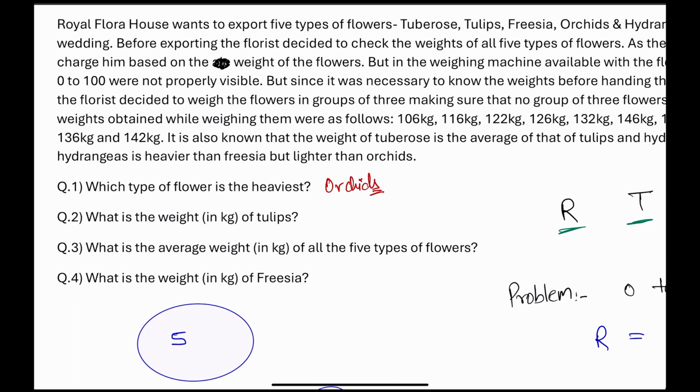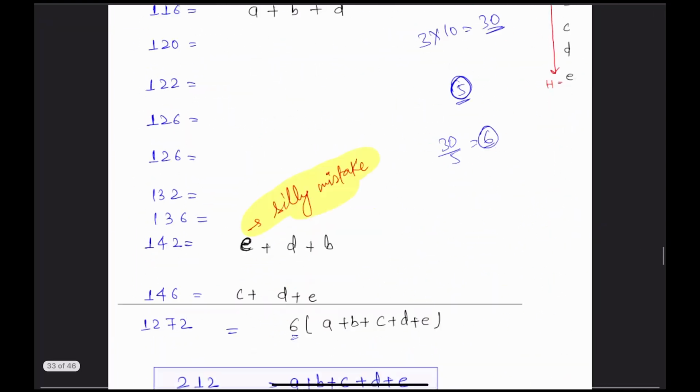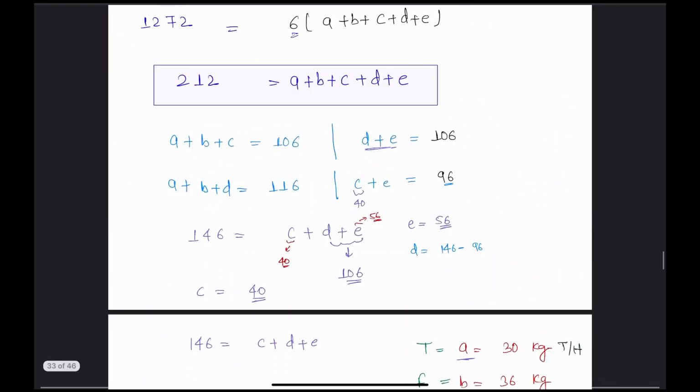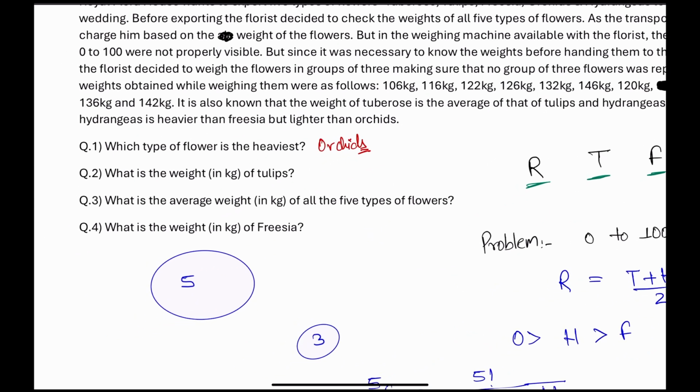What is the weight in kgs of tulips? Tulip is represented by T. So tulip weight is 30 kg, right? Tulip is nothing but 30 kg.